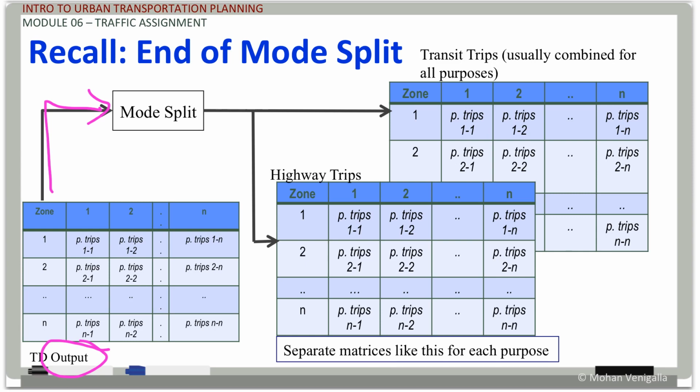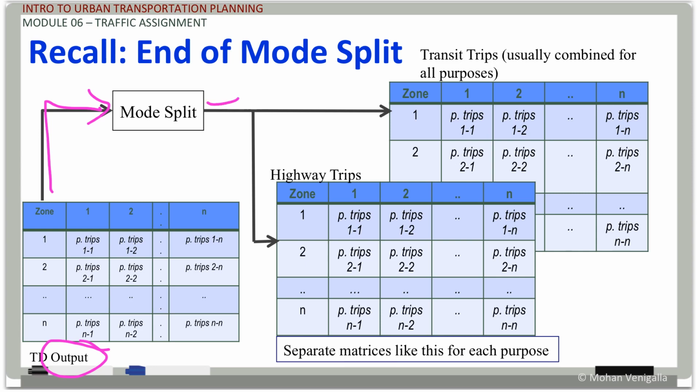This is not a universal mode split across all zone pairs. You will not put transit trips in a zone where there is no transit service, or into a zone where there is no transit service. That is why where they're coming from, where they're going, and what modes are available is also important.